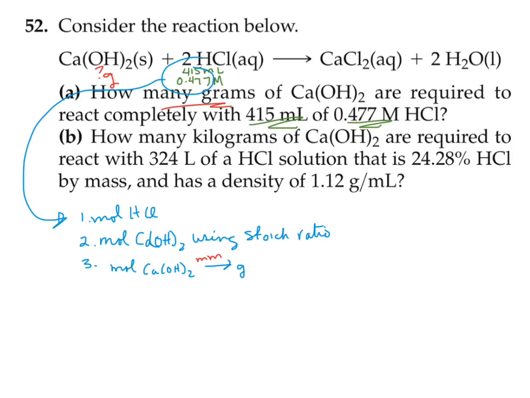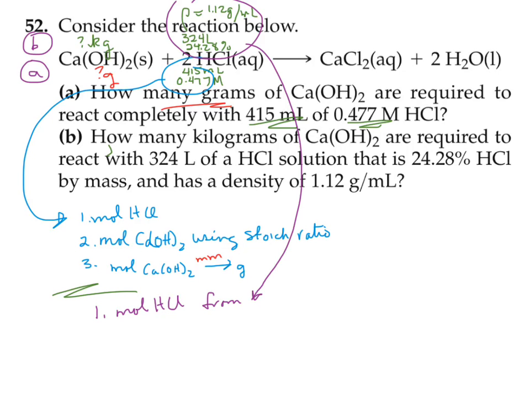Now the next one kicks it up a notch. Okay, B is basically the same reaction, but we know a few different things. Up there in green is what we know about B. For B we have the volume of HCl solution, which is not pure HCl. We have the weight percent of HCl in the HCl solution, and we have the density of the solution. I can't remember if it's this unit or the previous unit, but you can use those three pieces of information, and the molar mass of HCl, to get to moles.